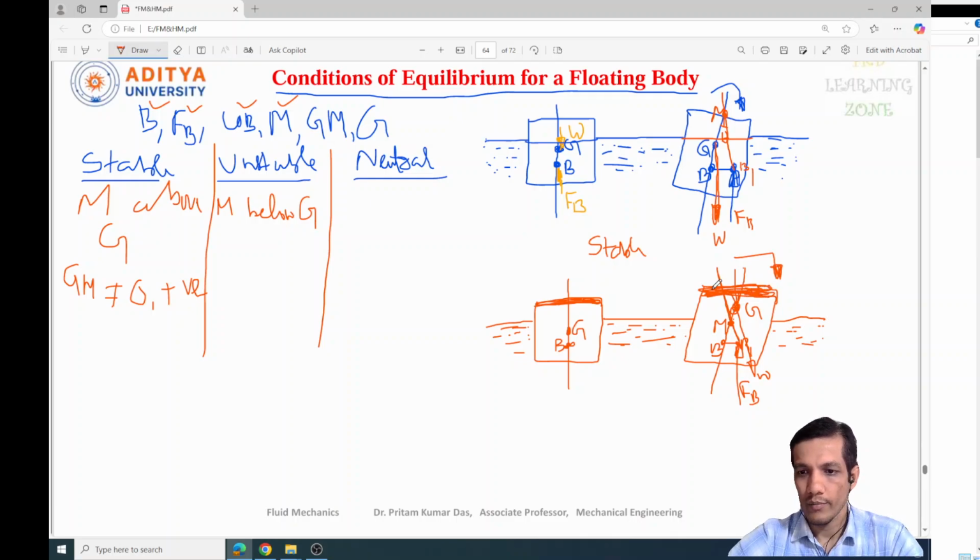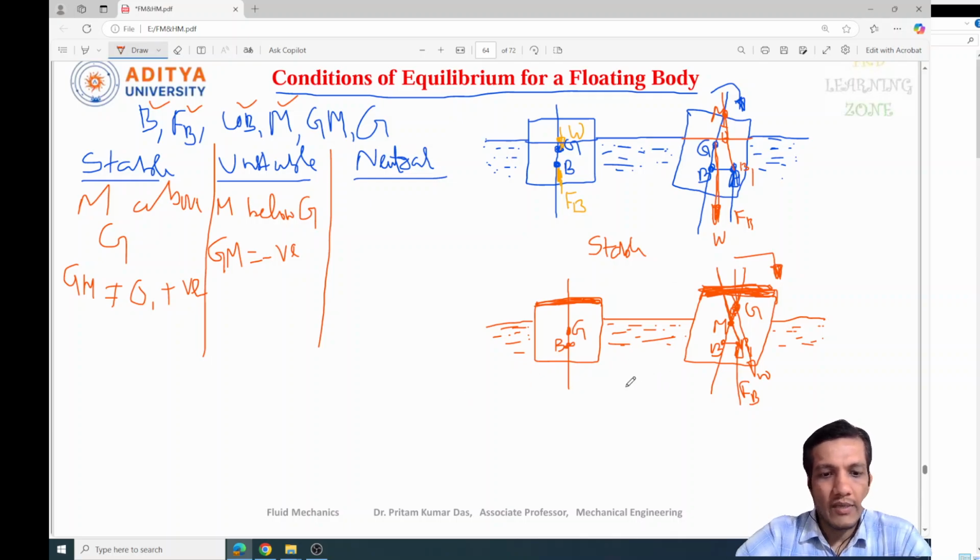We cannot bring the body back to its original position even if we want to. And here the GM value will always be negative. There will be no positive value. So this is about the unstable one: if M is below G, then it is called unstable.